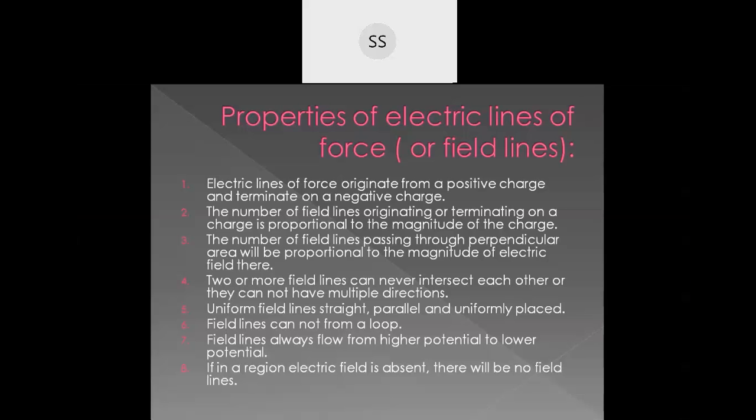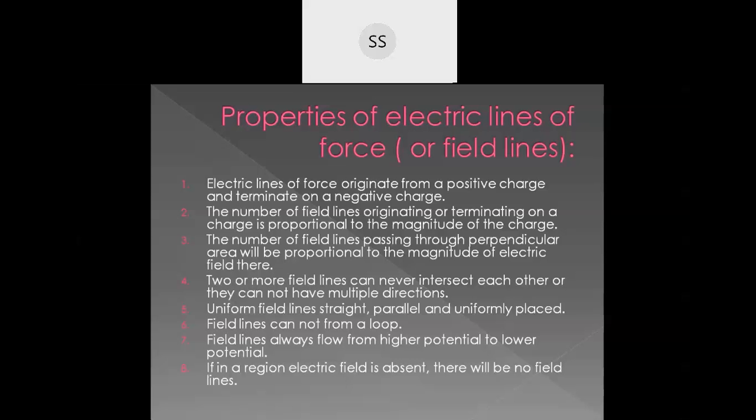Number three, the number of field lines passing through a particular area is proportional to the magnitude of the electric field. If the electric field in that area is high, then the number of field lines will be high there. Basically, electric field lines depend on the magnitude of the electric field.